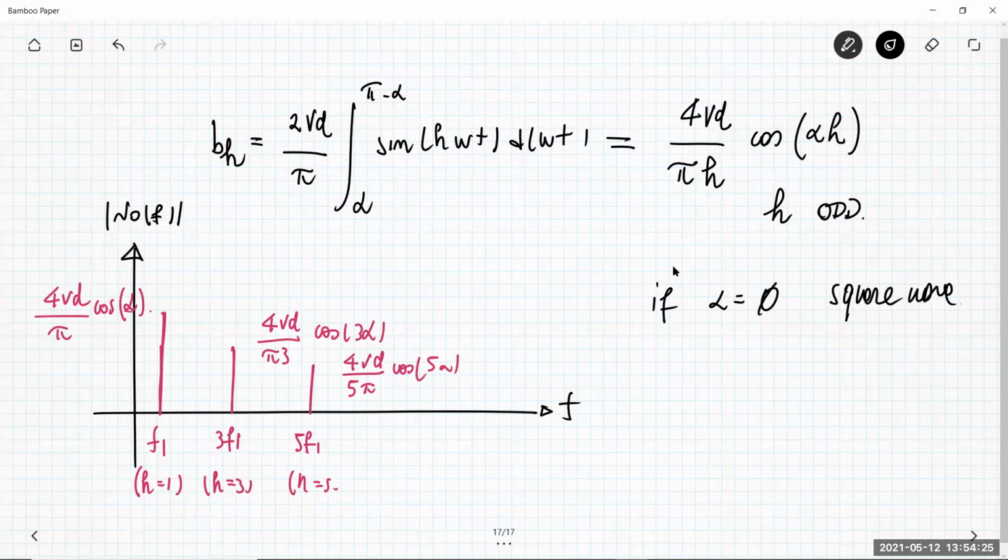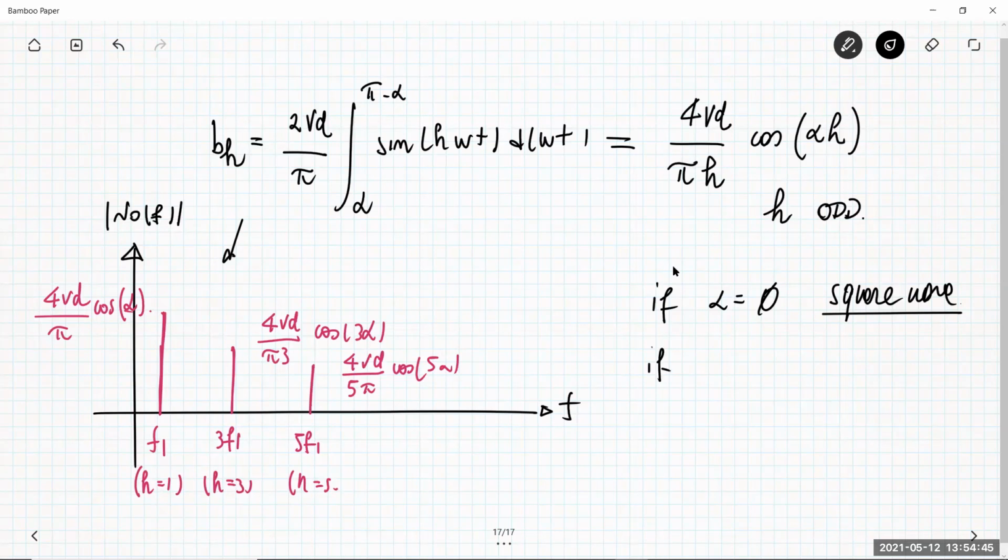If you put alpha equal to 0 in this expression of the harmonics, you have exactly the spectrum I gave you before for the square wave modulation, 4 Vd over p, etc., because the cosine of 0 is 1.